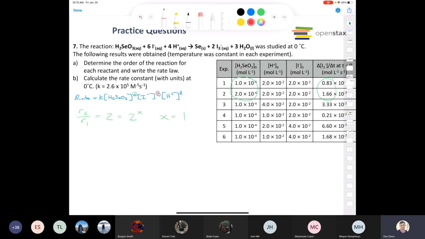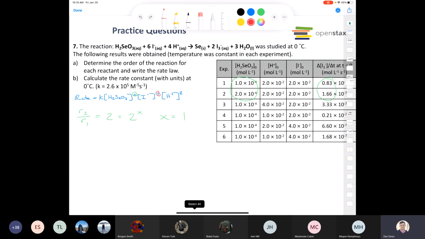Okay, so for y, we need 2 experiments where the concentration of the iodide is going to stay the same, but the other ones, did I choose 5 and 6? Let me pick some different ones then.